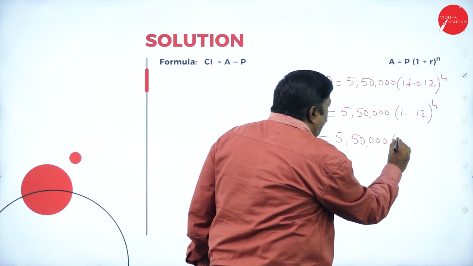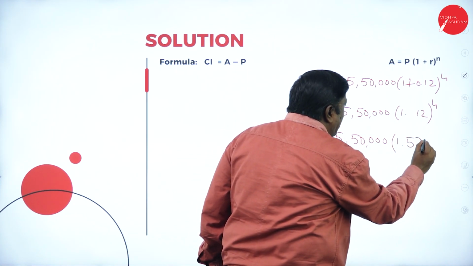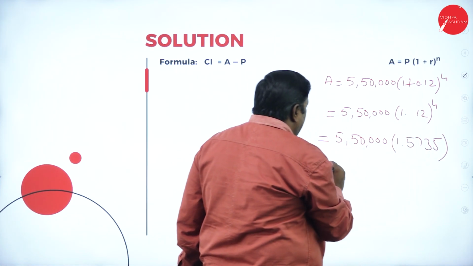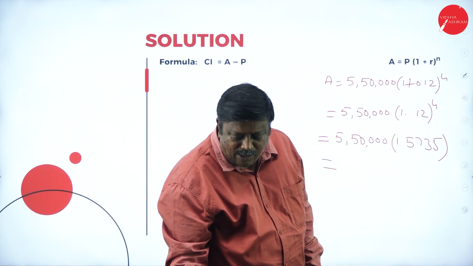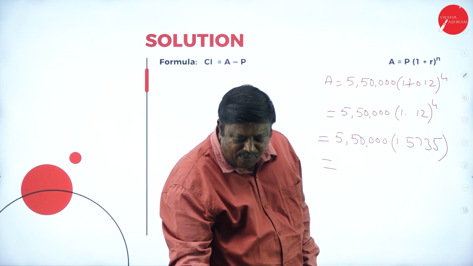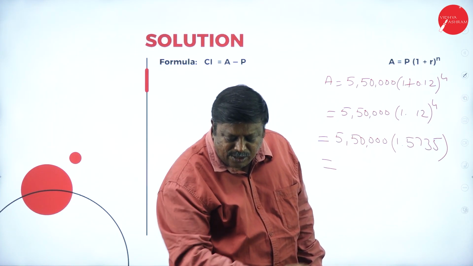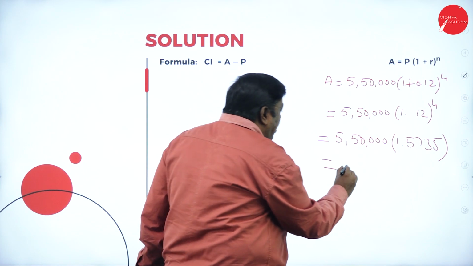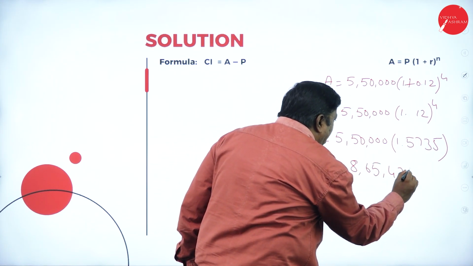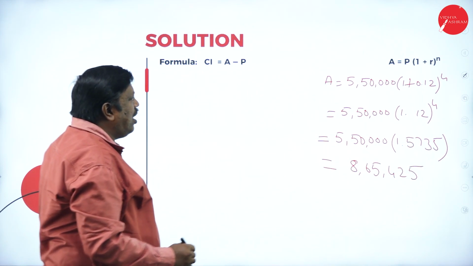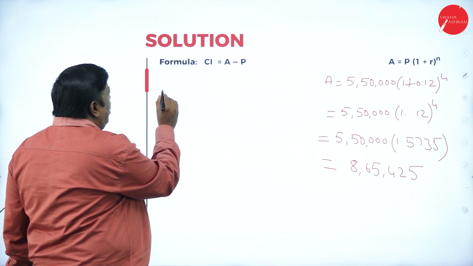It will be 1.5735. So 5,50,000 into 1.5735 is going to be 8,65,425. So the annuity amount will be here.